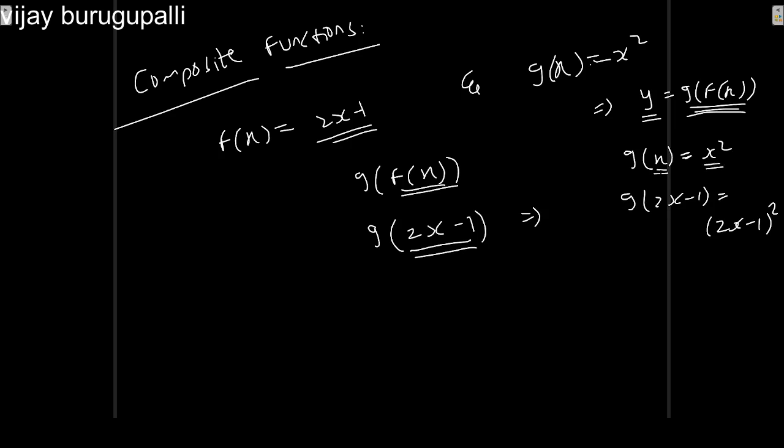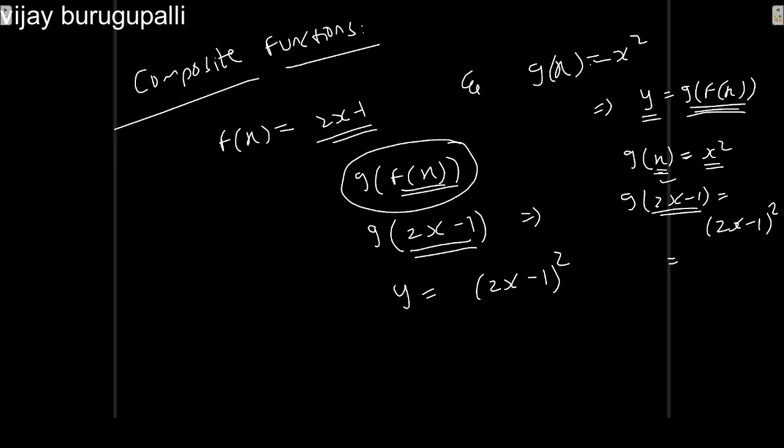Now here the value of x is replaced with 2x minus 1. So the value of the function will become 2x minus 1 whole square. So the value of y will become 2x minus 1 whole square, because y is equal to g of f of x. After solving this g of f of x, we got 2x minus 1 whole square. That means the value of y is equal to 2x minus 1 whole square.